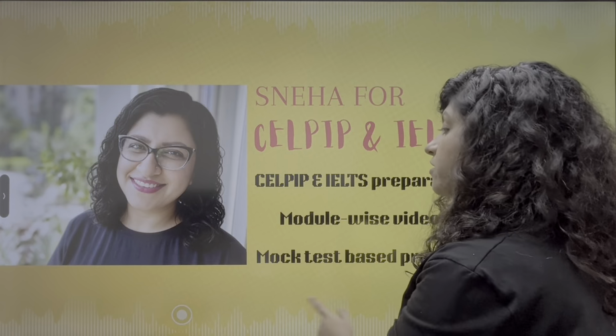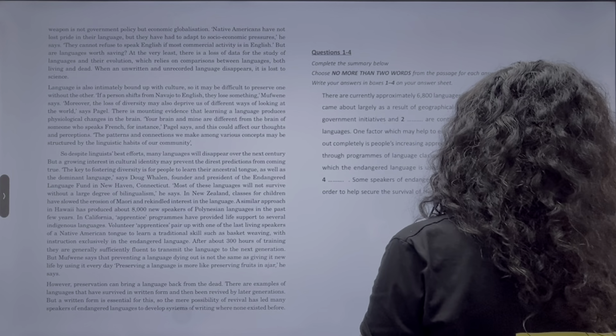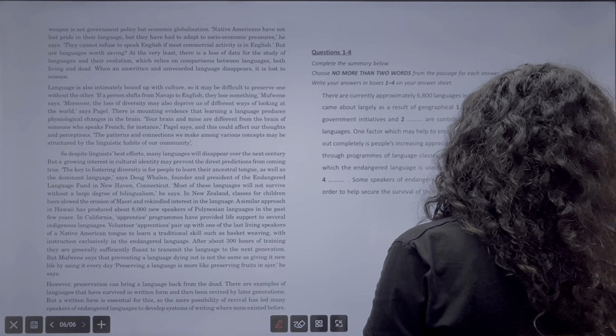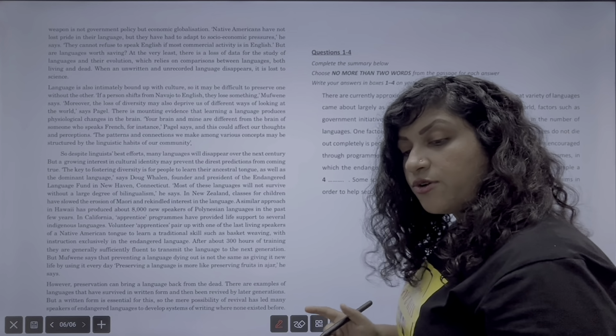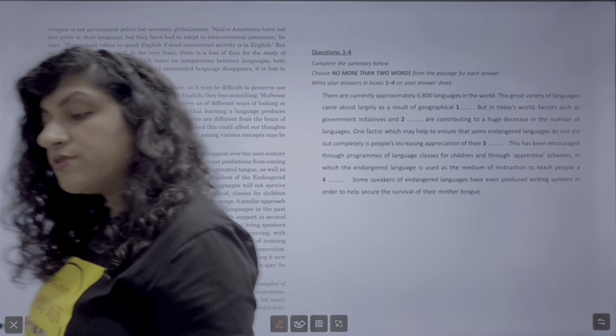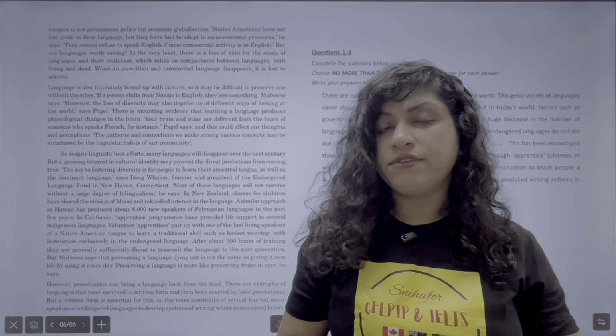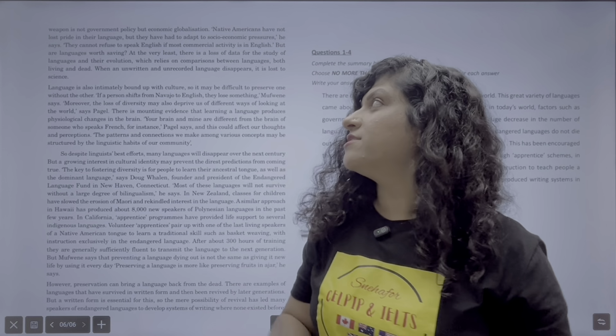weapon is not government. When this person says the deadliest weapon is not government, this person is trying to say that the factor that leads to a decrease in the number of languages is not the government, but he's talking about another factor, right?